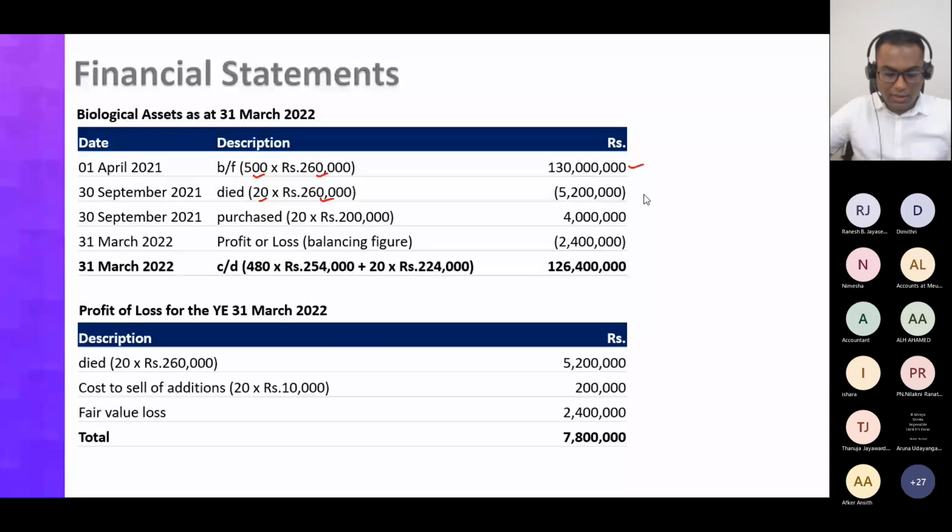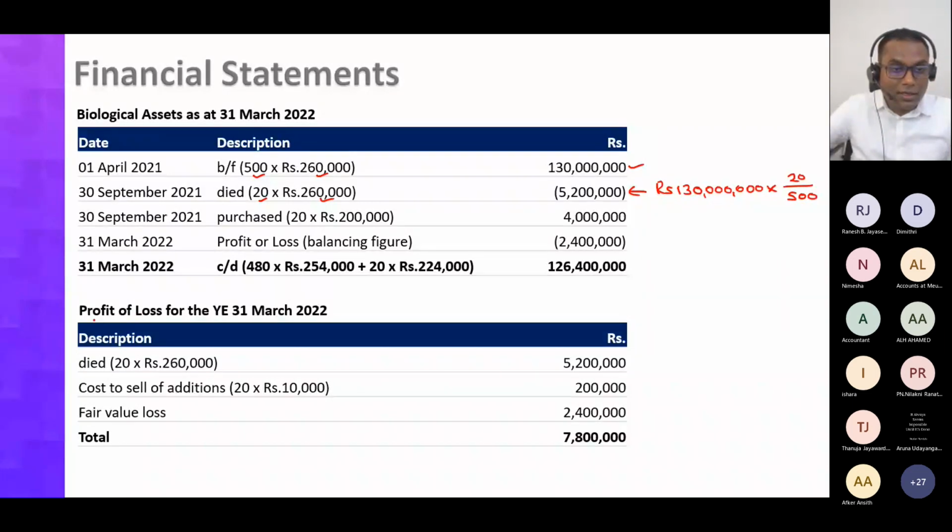Or else what you can do is, 130 million is for 500 cows. Out of that, this can also be derived in this way. Now 130 million is for how many cows? 500 cows. If so, what is the value of 20 cows? 5.2 million. What's the double entry of that? You have to derecognize. You credit the particular biological asset, minus means credit, and you debit that to the P&L.